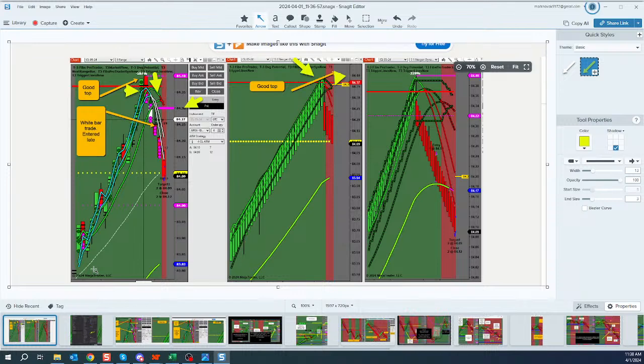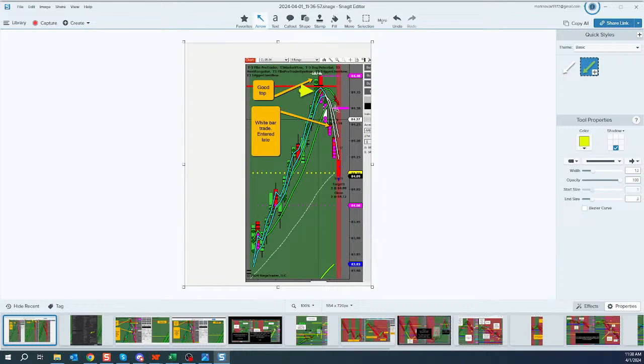Okay. And then must have a white bar with an HVA line next to it. So this HVA line prints when this one does. But the HVA line, what you're doing on these white bar trades, Josh, and I think that we may have just found a little language that helps, is on the white bar trades, you're not waiting for the HVA line.